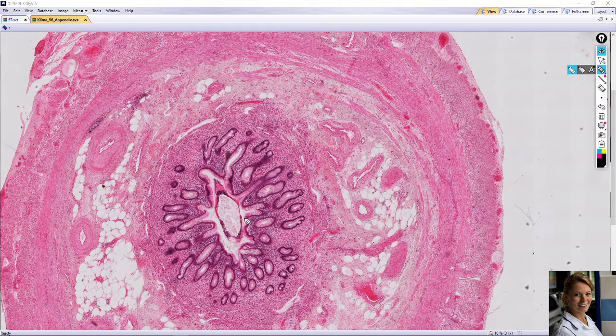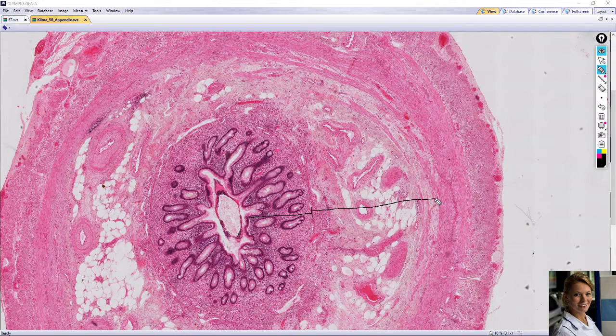First layer is mucosa. Mucosa consists of a simple columnar epithelium, lamina propria here, and the last layer of mucosa is muscularis mucosae. The next layer is the submucosa, loose connective tissue with the blood vessels.